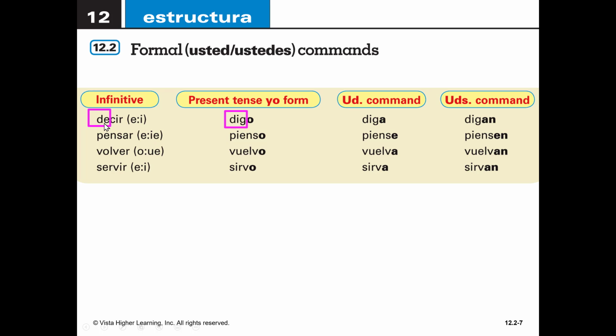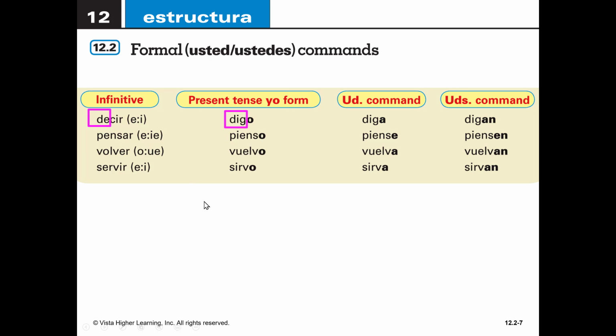So that stem has changed from DEC to DIG. In the usted command, that stem change remains. The key for you is going to be to put it in the present tense of the yo form and then just add the regular ending. It's an IR verb, so we're going to be adding an A and AN. Okay?